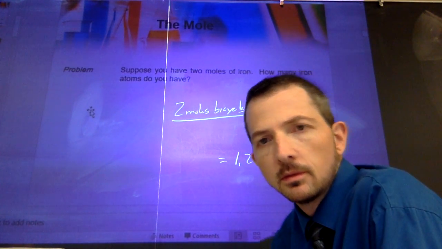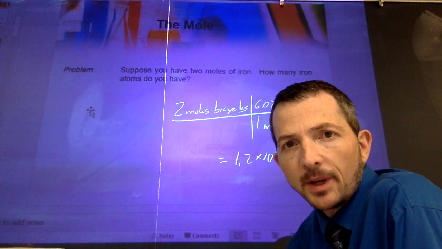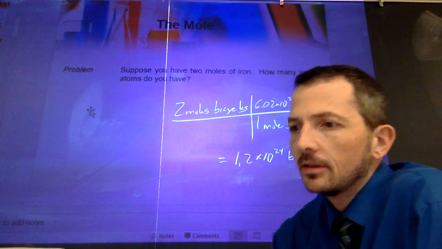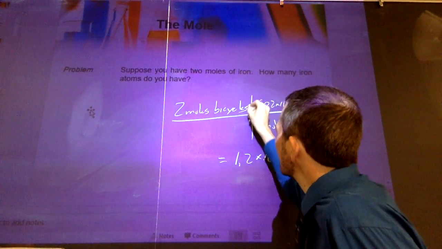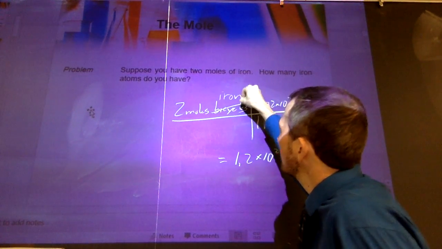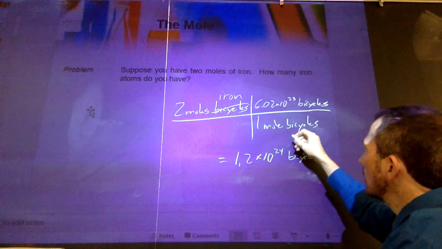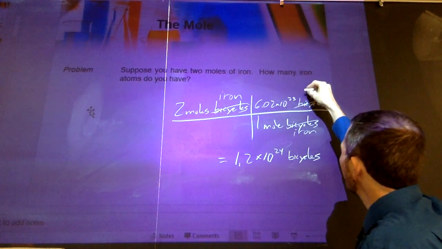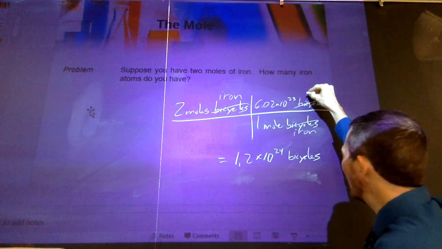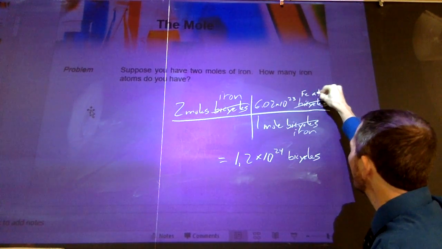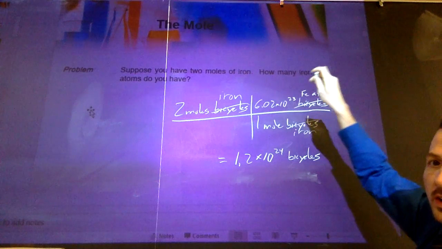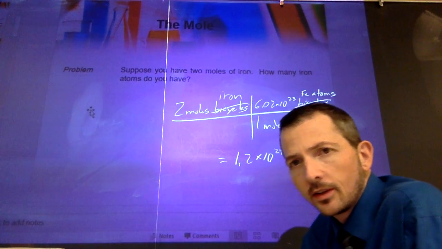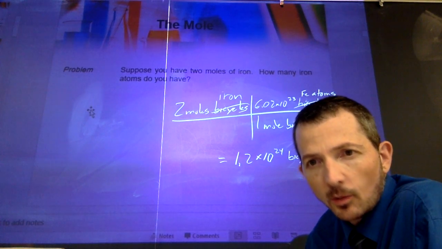Now if we just apply this to a compound now, suppose you have 2 moles of iron, how many iron atoms do you have? Well, change bicycles to iron, 2 moles of iron, 1 mole of iron would be 6.02 times 10 to the 23rd iron atoms. Now there may be some confusion here. Does moles represent atoms or molecules?